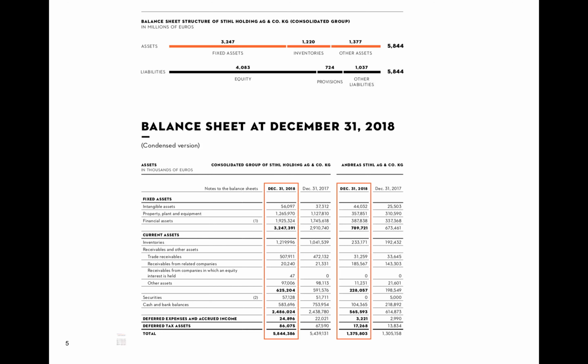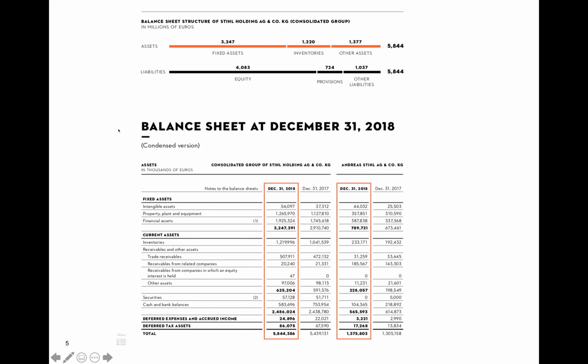We will see in other cases, more the American standard, you start with the most liquid assets, so the current assets or cash. As you can see in this case, you can look into the details, so you can stop the video and spend a bit of time here to see how the balance sheet looks for Stihl.